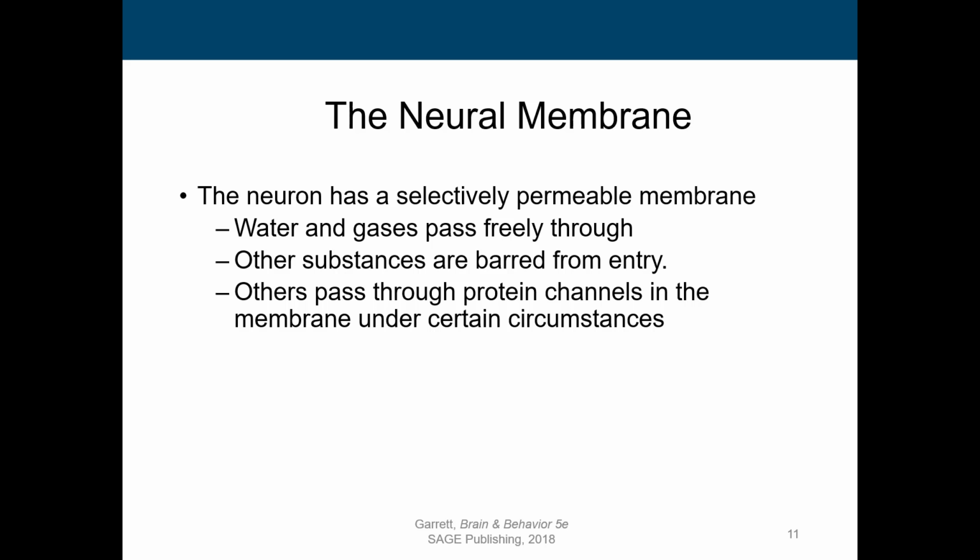The neuromembrane is made up of lipids, right? They are lipid molecules, and they have a head and a tail end. The heads of the molecule are water soluble, so they are attracted towards the seawater-like fluid around and inside the cell. The tails are water insoluble, so they're repelled by the fluid.